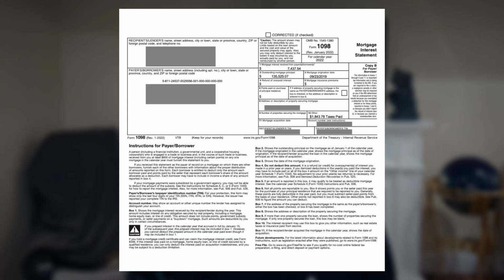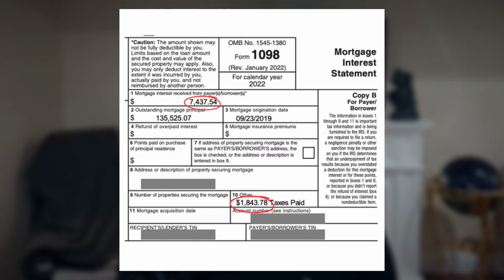So those are the main parts of the mortgage monthly statement. The main pieces that are important are that your interest and your escrow are tax deductible. So it is a benefit for you as an investor. At the end of the year, the bank will issue you a 1098. It will say how much money you paid in interest, and how much you paid in property taxes and insurance.